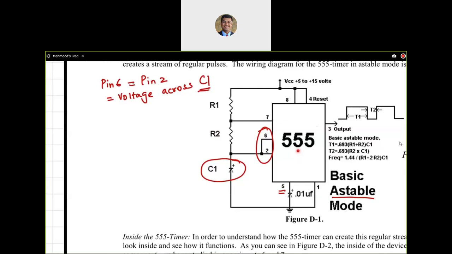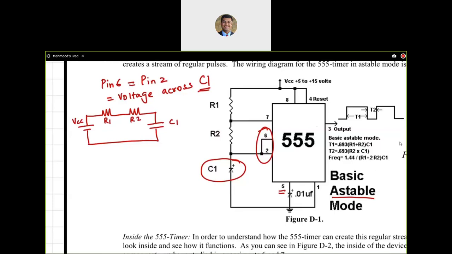Because remember, we said if the voltage across the capacitor or the two inputs is lower than both thresholds, pin 7 is not connected to ground, so no discharge. So this is out of the picture. This is there, which is effectively going as the input. So your circuit looks like this. You have VCC, you have R1, you have R2, and you have C1.